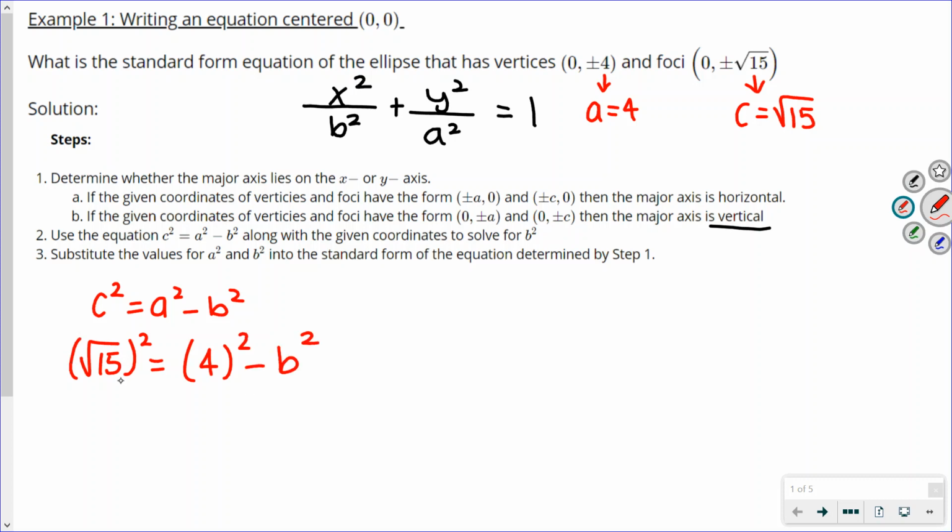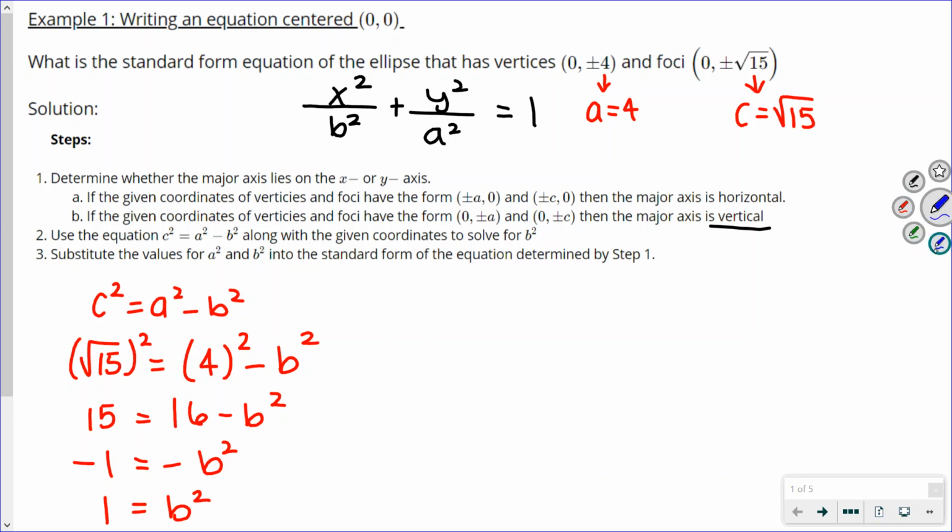The square root of 15 squared, that cancels, so it leaves me with 15. 4 squared is 16, and then I have minus b squared. Subtract 16 from both sides, and we get negative 1 equals negative b squared. Divide by a negative, and we end up with 1 equals b squared.